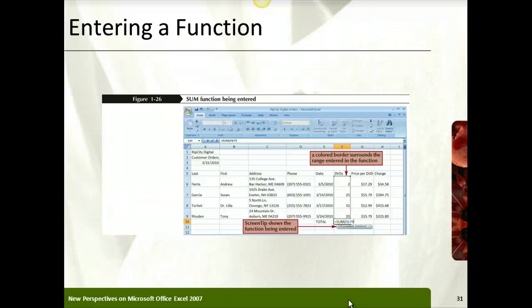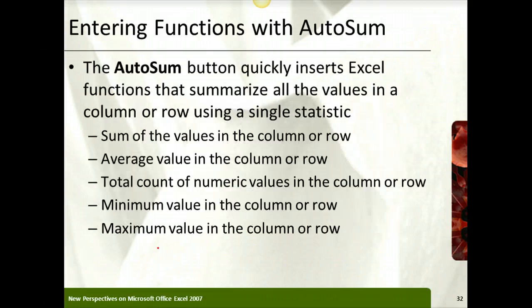Entering a function: if you have a column that has numbers in it, as in this example here, you can just take your mouse, put it where you want the total to be, click on it, hit the sum symbol, and it will sum the rows above within that column. The AutoSum quickly inserts the Excel function.